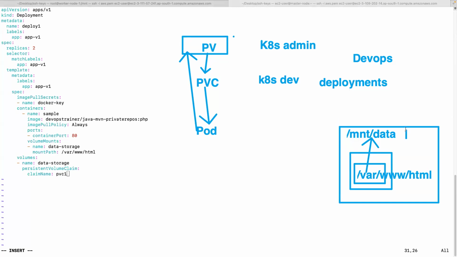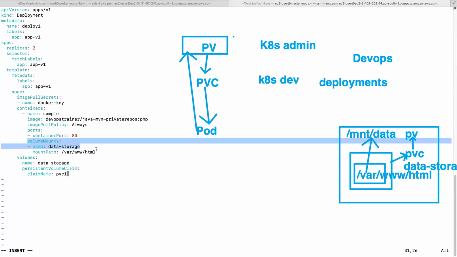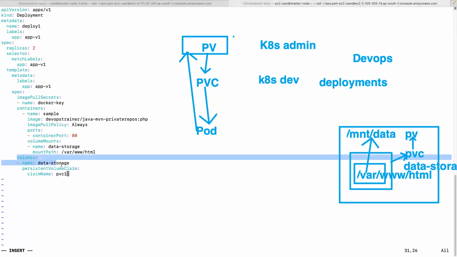We have created PV with this directory as storage. We have created PVC with the size and class attached to that PV. Now this was attached to volume mount data storage. Data storage is nothing but this particular path inside the container. Now this PVC got attached to this. Understood this configuration, volume mounts for the container, and defining what the data storage is actually? That data storage is going to get attached to this claim.